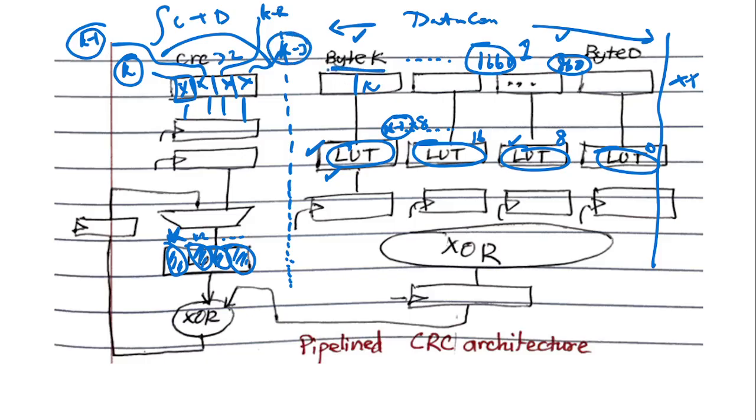Likewise, this byte k would itself evolve by k, and so on. This would evolve by k minus 1, and so on and so forth, right?